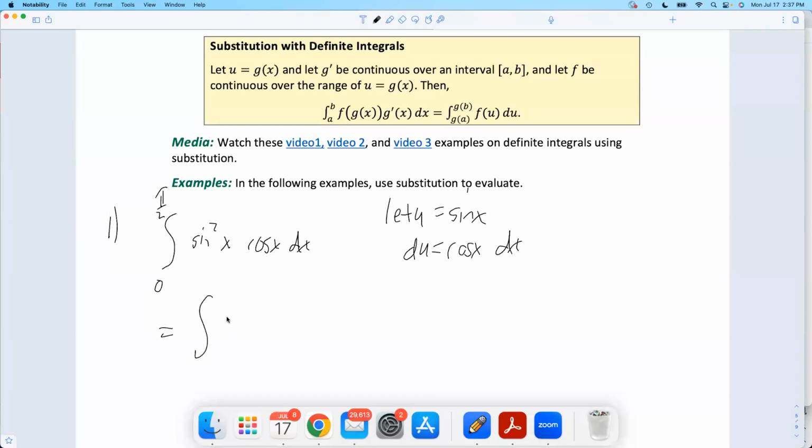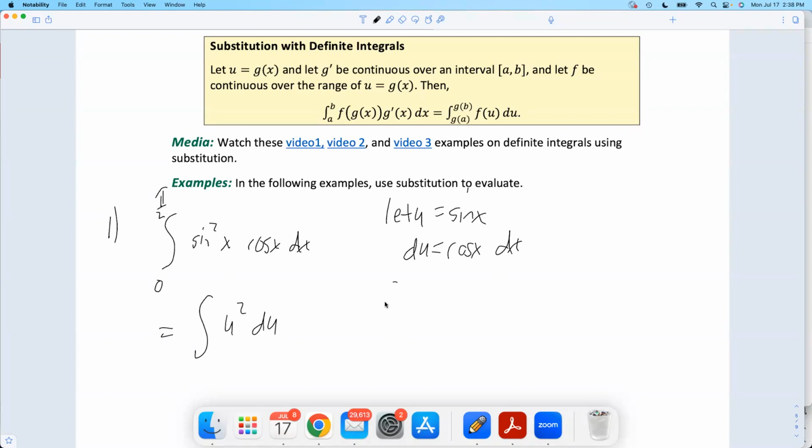So I could rewrite this as equals the antiderivative of u squared du, but that equal sign that I just wrote is a lie. That's a definite integral. That's a number. That's an indefinite integral. That's a function. There's no way those are equal. I'm not done.